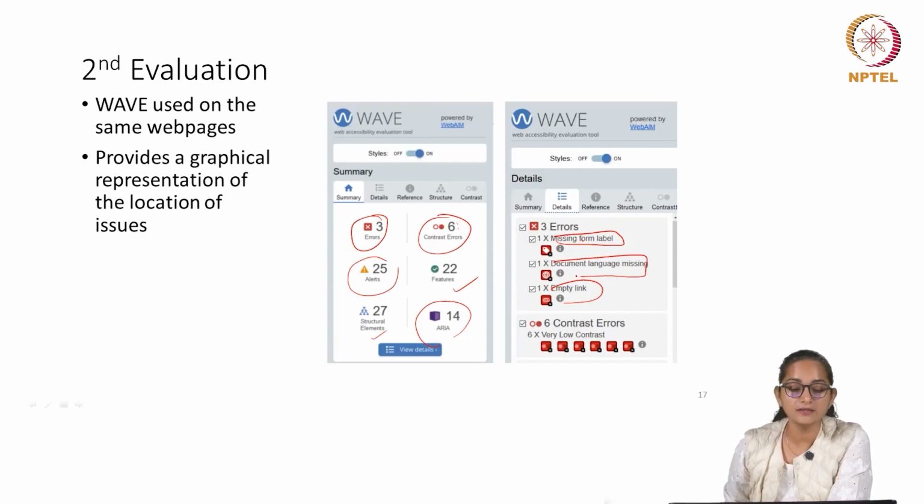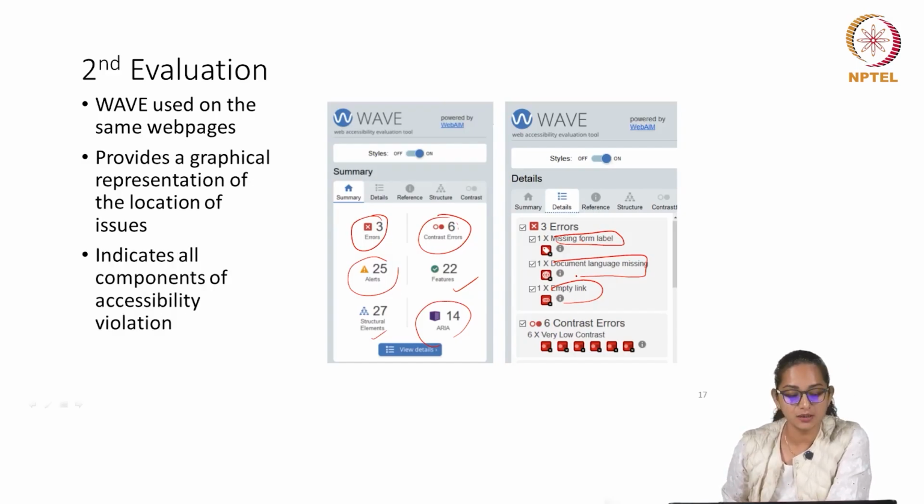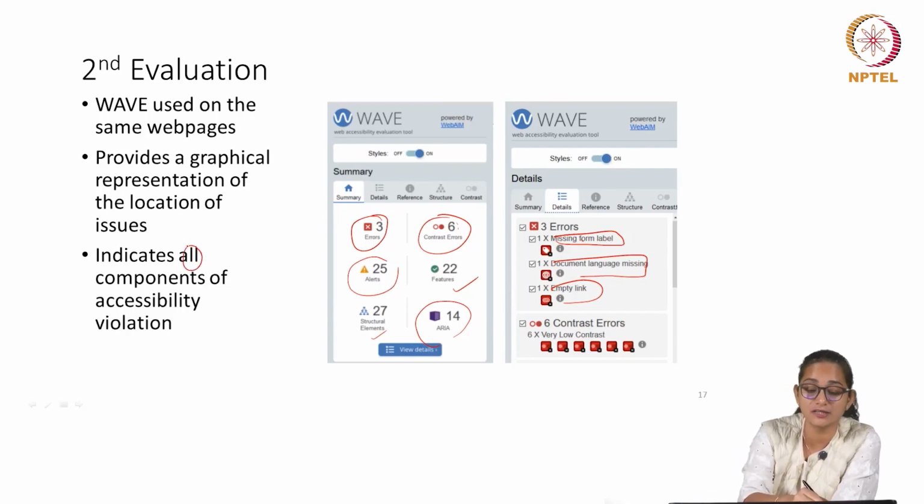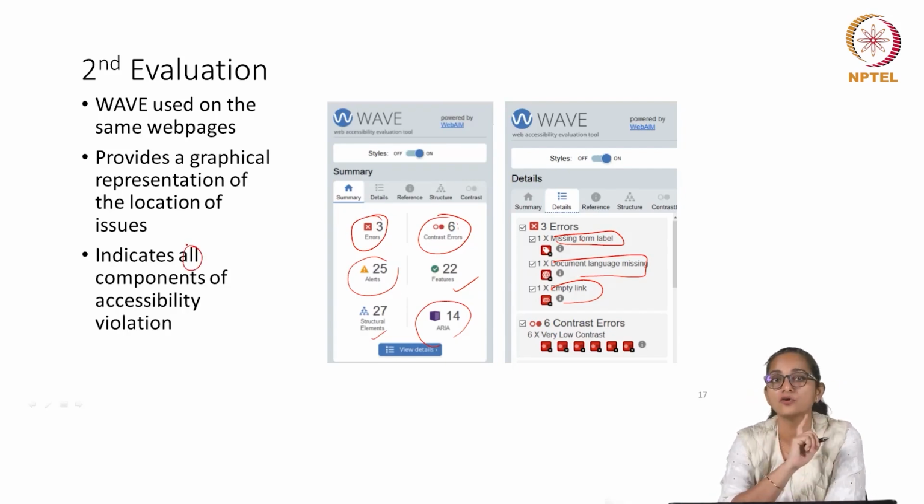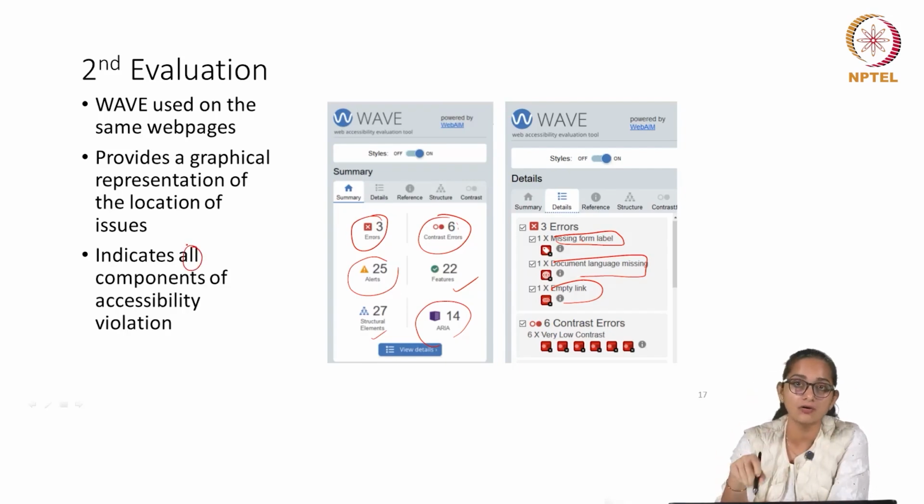It provides a graphical representation of the location of issues, which can be a very useful next step. It indicates all of the components of accessibility violation, but this is not really a comprehensive tool. We are not saying that all of the semantic aspects are being covered.